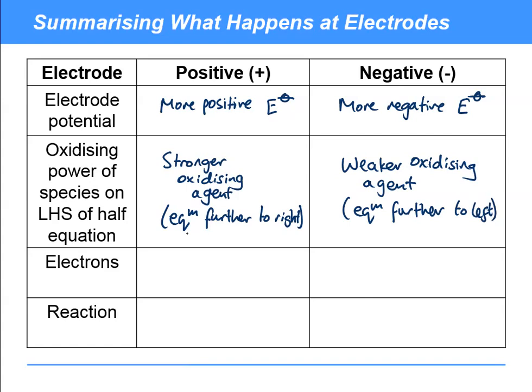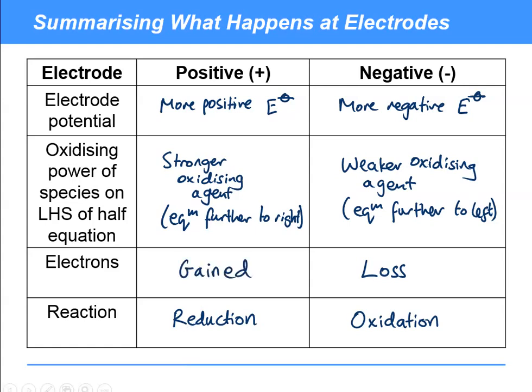The net result of that is the stronger oxidizing agent will essentially oxidize the species at the negative electrode, so this is going to be oxidation taking place, which is loss of electrons, and reduction is going to happen at the positive electrode. An oxidizing agent is something which is easily reduced, and electrons are gained at that electrode.